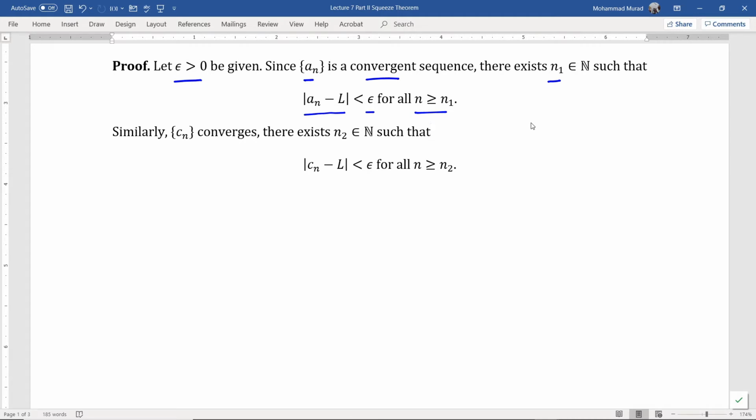Similarly, since the sequence c sub n is a convergent sequence, there exists some positive integer n sub 2 such that the absolute value of c sub n minus L is smaller than epsilon for all indices n greater than or equal to n sub 2.